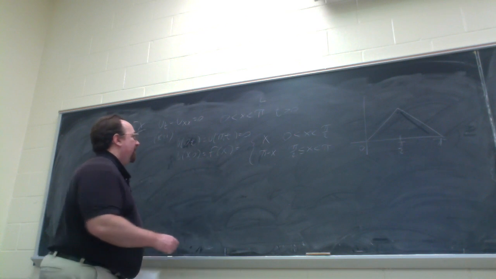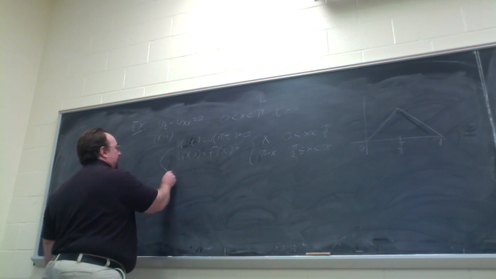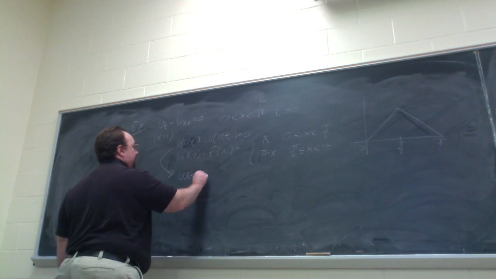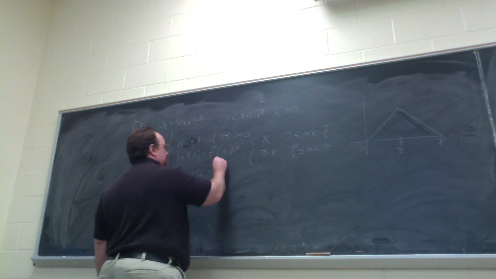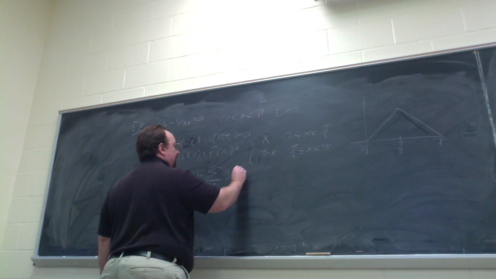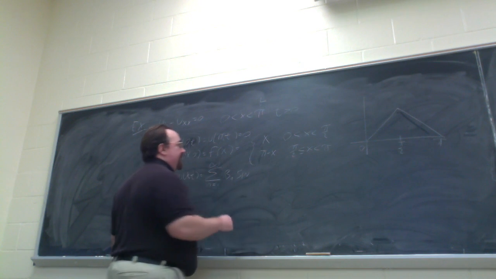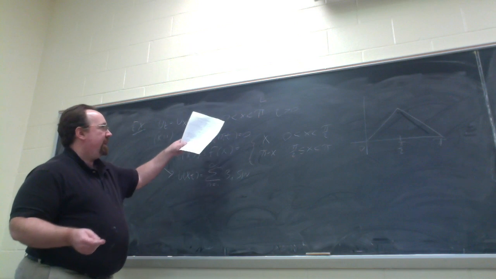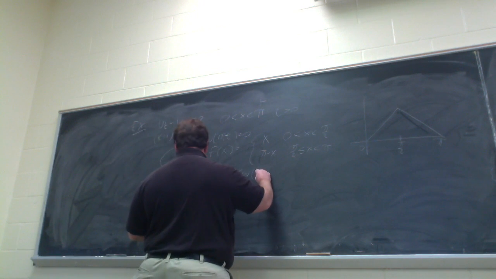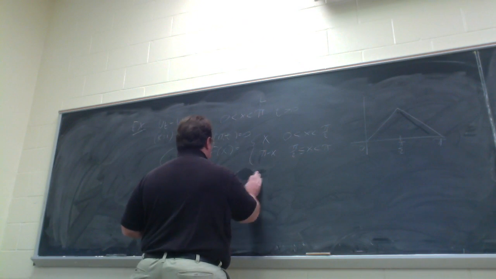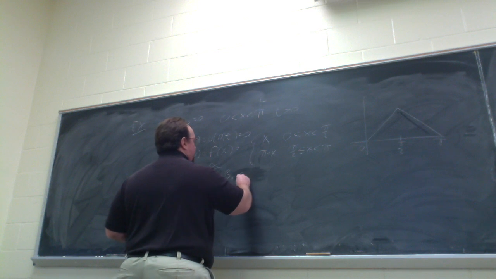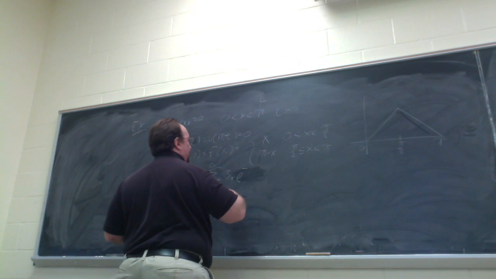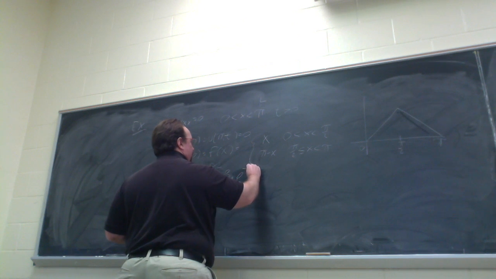Now, because of the boundary conditions, we can cut directly to the last part of a problem that I did over there. The boundary conditions tell us that our solution has this form: some constants b sub n, sine of n pi x over L, but L is pi. I need the exponential part. We have e to the minus k, and k is 1, so I don't need to include that.